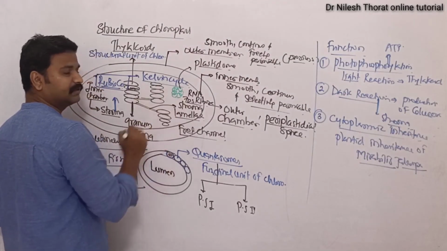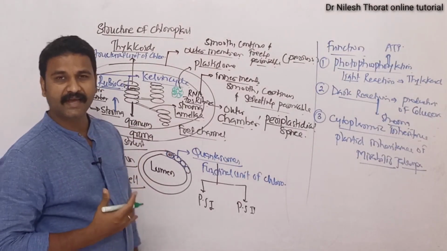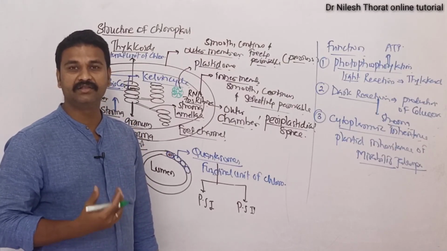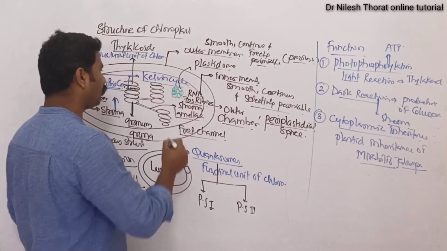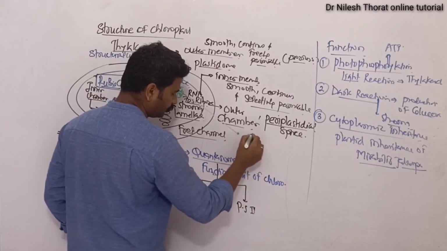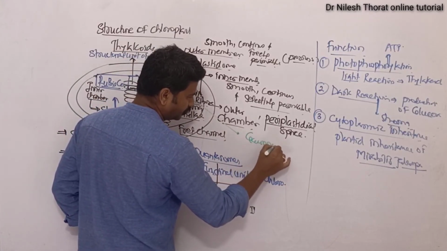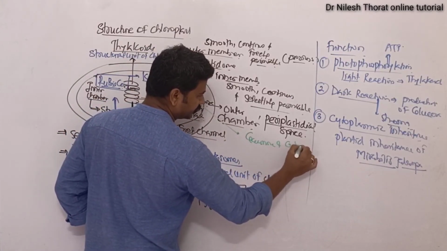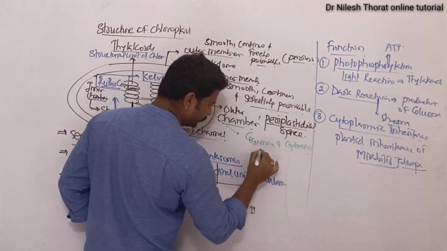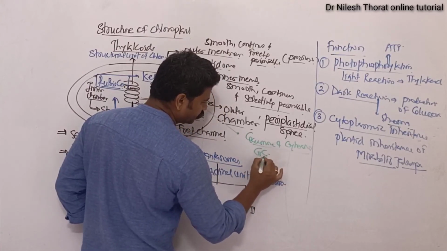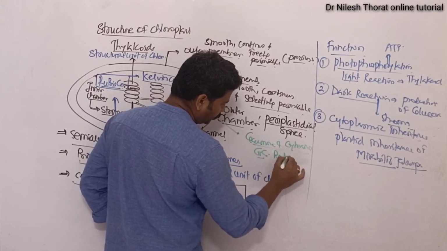DNA, this DNA of chloroplast actually has a very high GC ratio, the guanine and cytosine ratio.